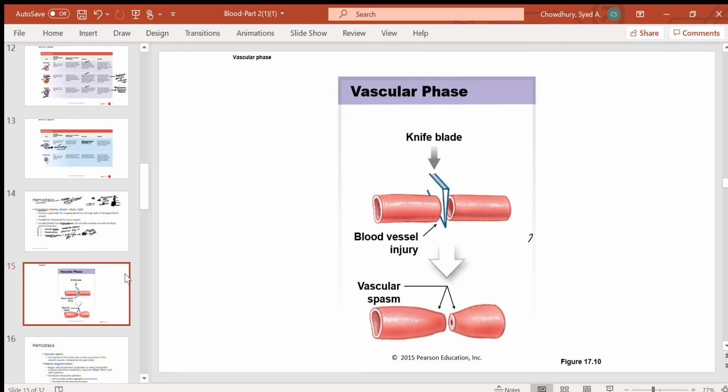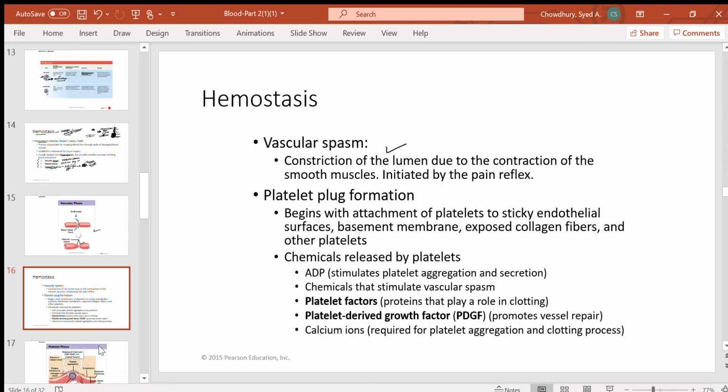So I have explained this, you see here. Okay, so ADP, thromboxane A2 I mentioned, and also PDGF, another chemical secreted from the granules of the platelets, platelet derived growth factors.